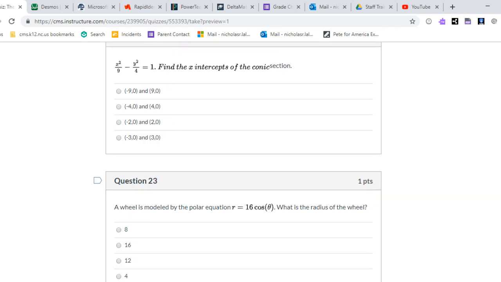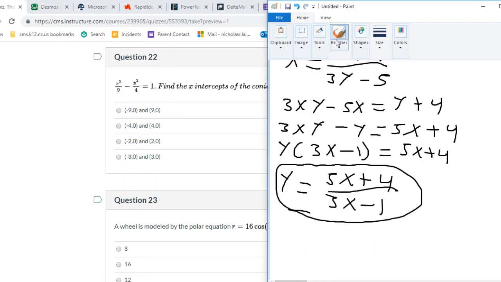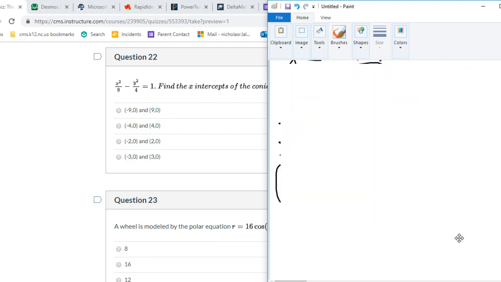Find the x-intercepts of the conic section. The x-intercept is when y equals 0, so forget y squared over 4, you have x squared over 9 equals 1, because the y squared term is completely equal to 0.